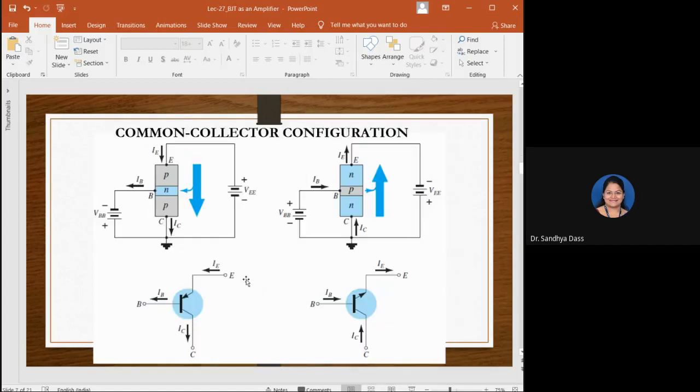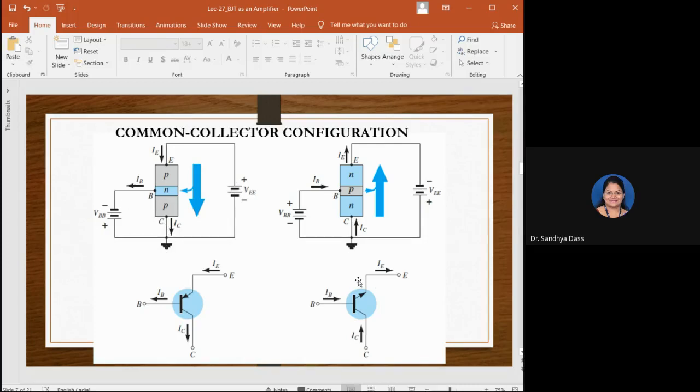All right. This is the common collector configuration. As the name indicates, common collector. So if you arrange the device like this with the biasing, the collector is taken as the common terminal for both the input and the output part.